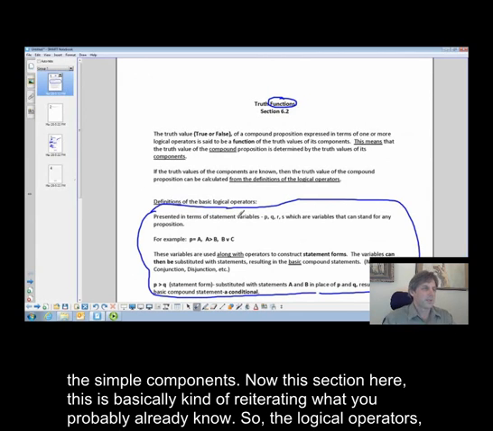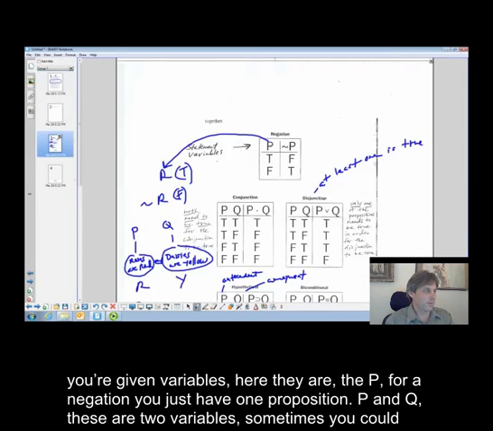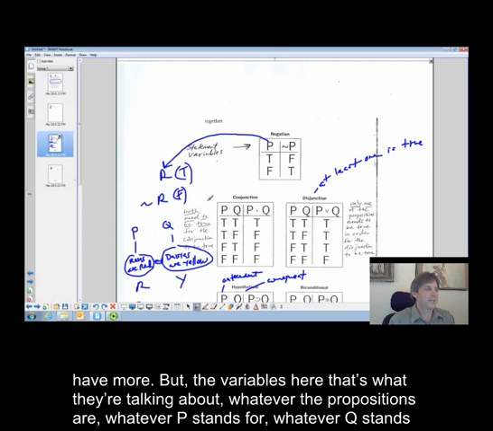Okay, so the logical operators, you're given variables. Here they are. For a negation, you just have one proposition, P. P and Q, these are two variables. Sometimes you could have more, but that's what they're talking about with the variables.